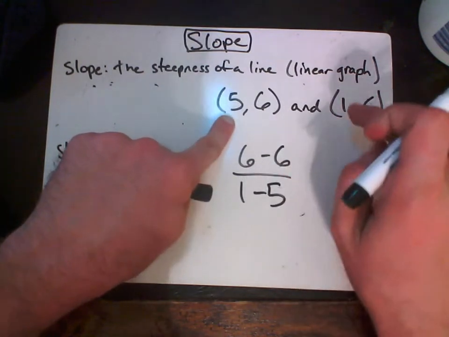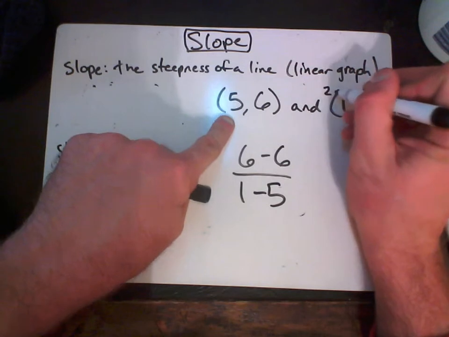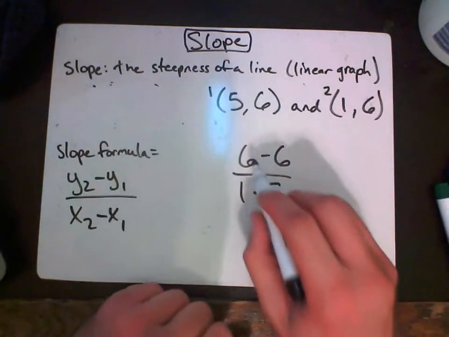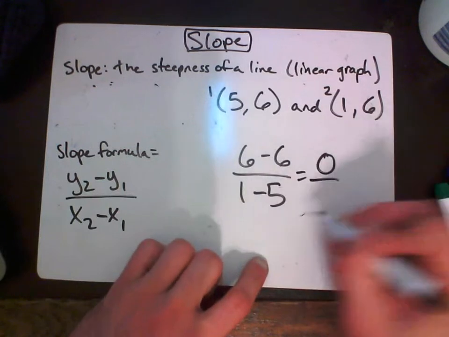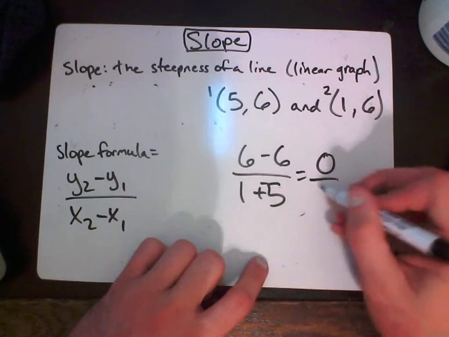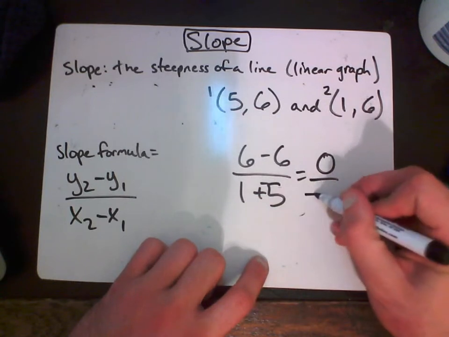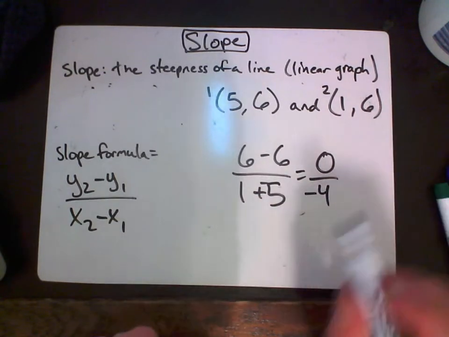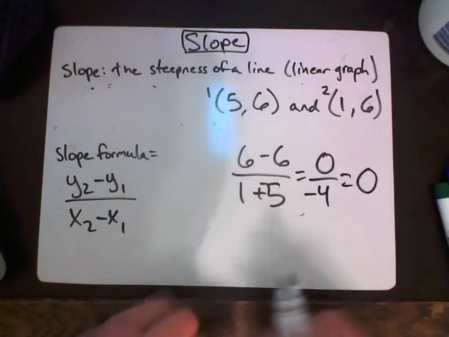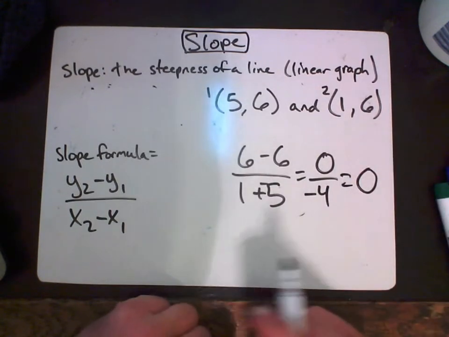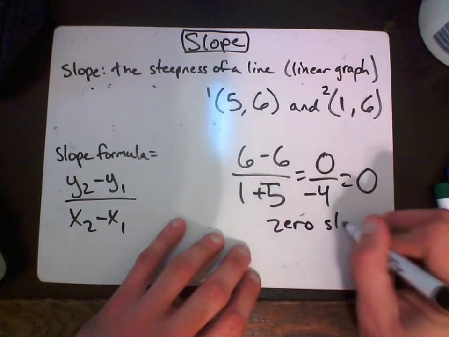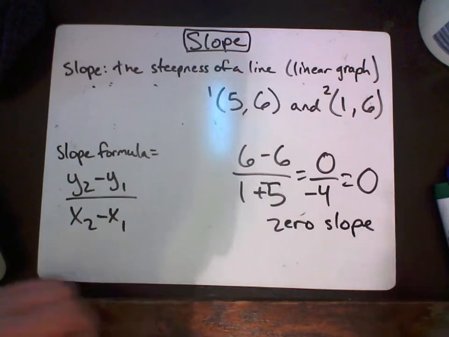Again, remember, starting with my second coordinate, moving to my first coordinate. 6 minus 6 is 0. 1 minus 5 is negative 4. And as we all know, 0 divided by negative 4 is 0. This is called zero slope, or no slope.